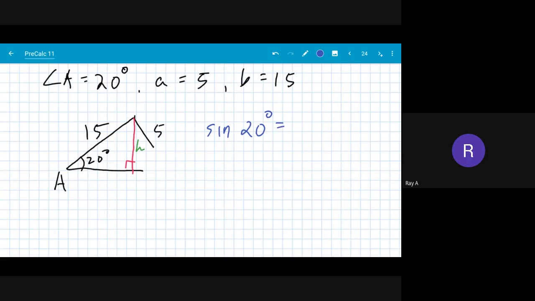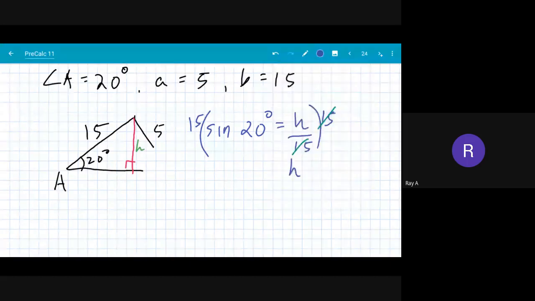The opposite side to 20 degrees is h, and the hypotenuse in the right triangle that we have is 15. If we want to isolate h, we will be multiplying both sides by 15. So these two cancel out. Therefore, our h is 15 sine of 20 degrees.